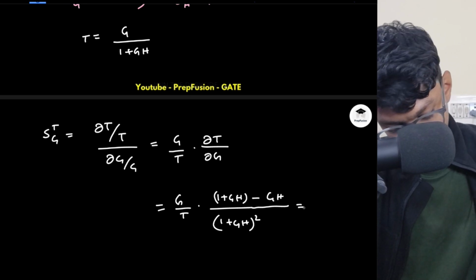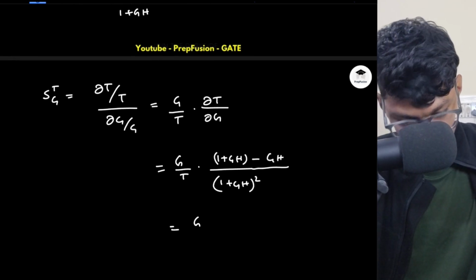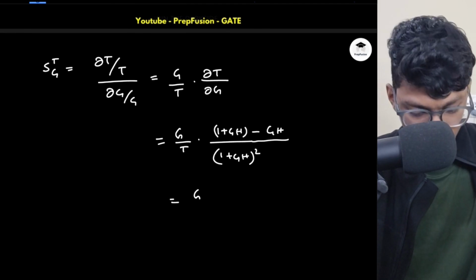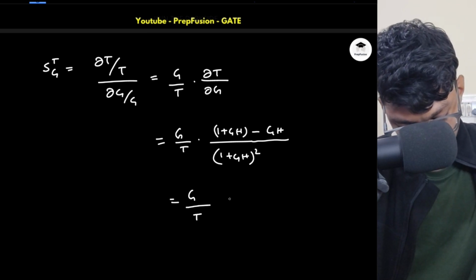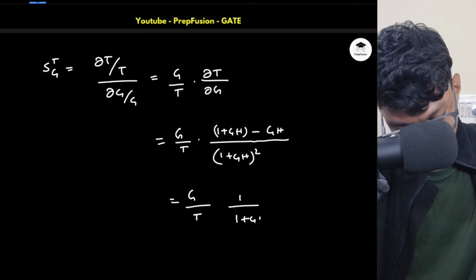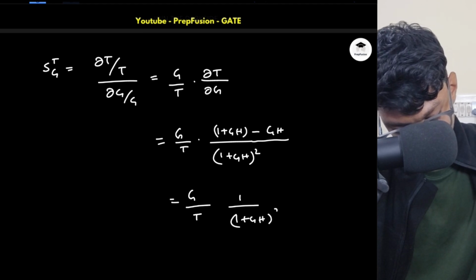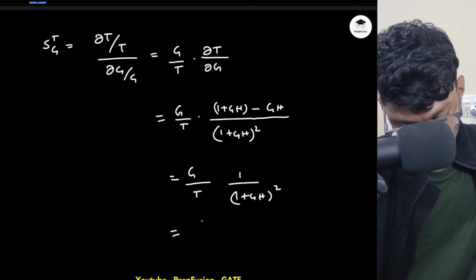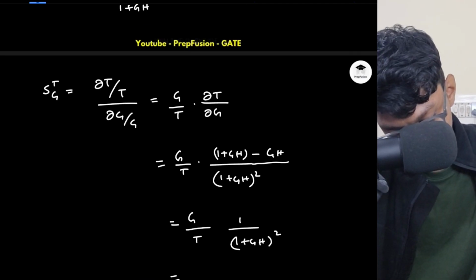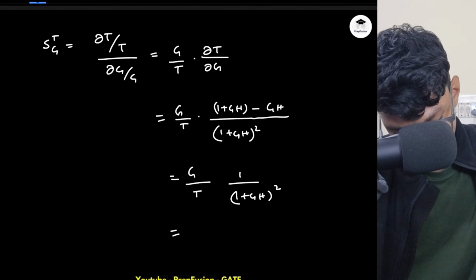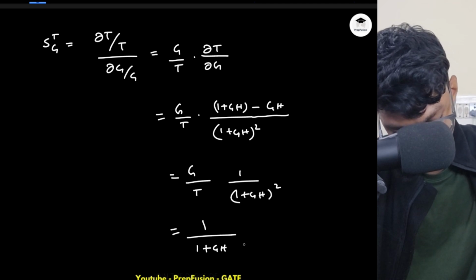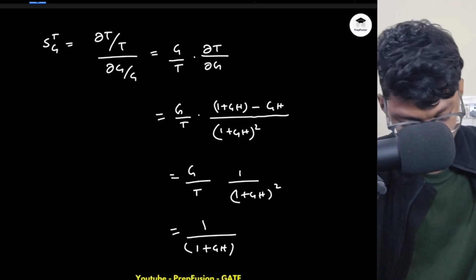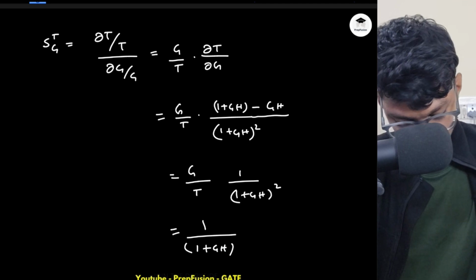So ultimately it will come out to be G upon T into 1 by 1 plus G of H whole square. So this, right? What is T? T is also G upon 1 plus G of H. So G gets cancelled. This also gets cancelled. Ultimately, I am getting 1 plus G of H. Okay, I'm just replacing my T with 1 by 1 plus G of H.